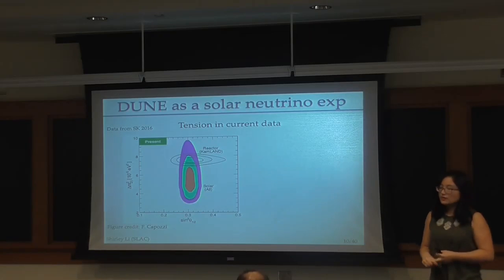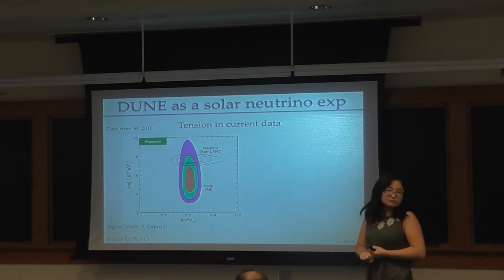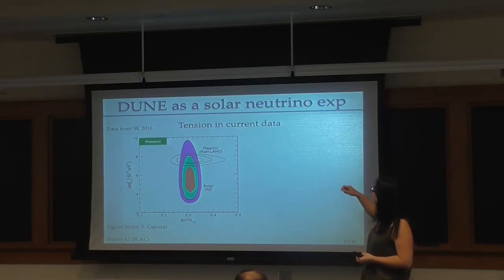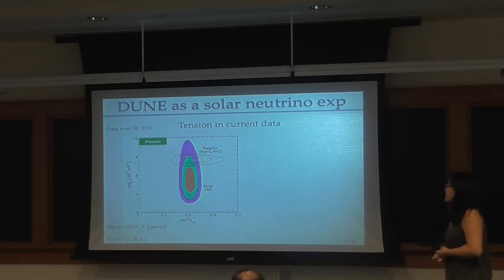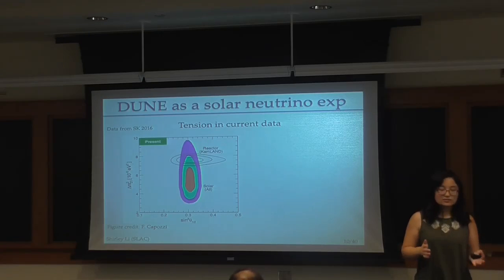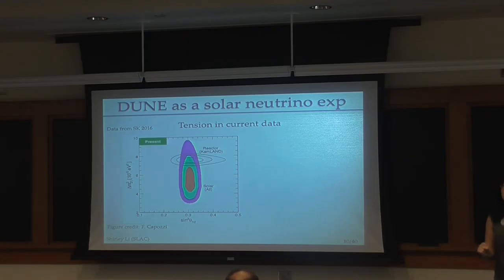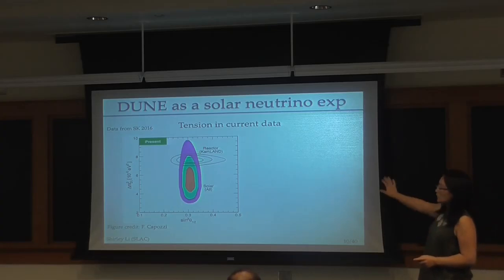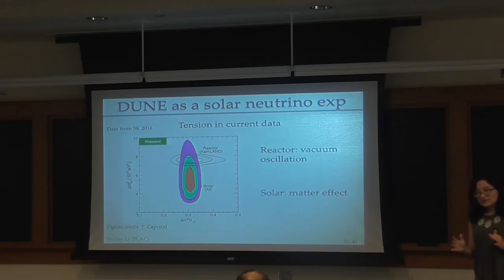But these two parameters you can also probe with the reactor experiments, and that's KamLAND. So the results are in the black curves. It's a little hard to see, but the best fits disagree at about the 2 sigma level. Now, 2 sigma may not sound super alarming, but I want to point out that when you look at this figure, really this is not measuring the same thing.